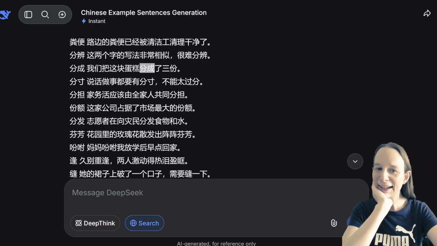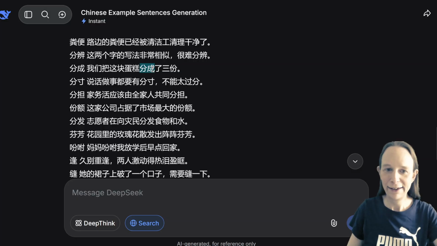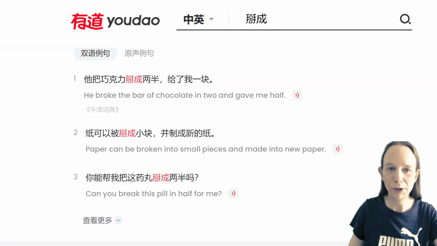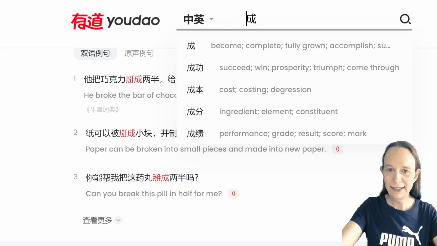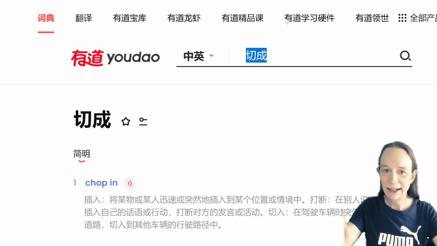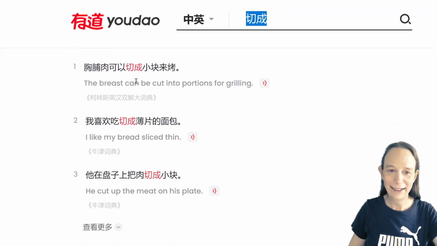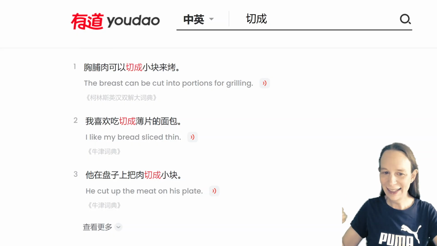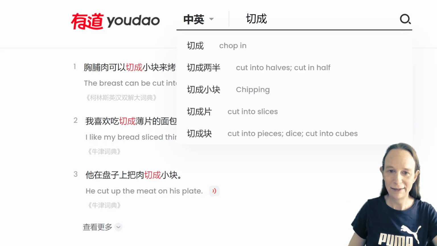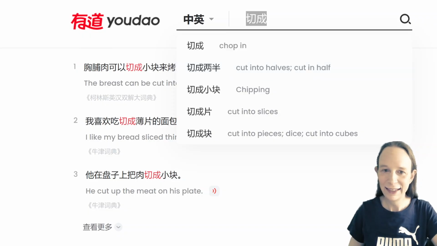So this is an unspecific process, isn't it? Then split it into 3 portions. So you could say 切成, chop it into 小块. You could slice it or something like that. 切成2半, cut it into 2 halves.